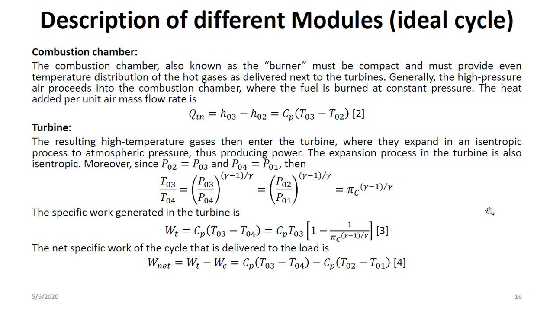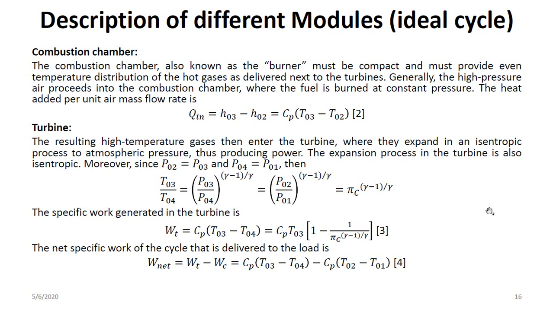And since we've assumed that the product of combustion after it expands in the turbine will be exhausted to atmospheric pressure, it means that the exhaust pressure will be equal to the ambient pressure, which is P01.